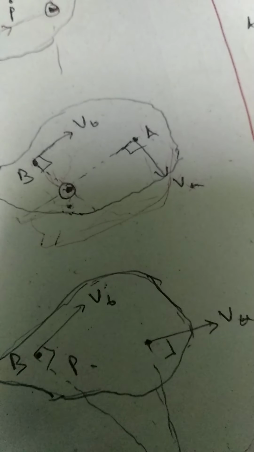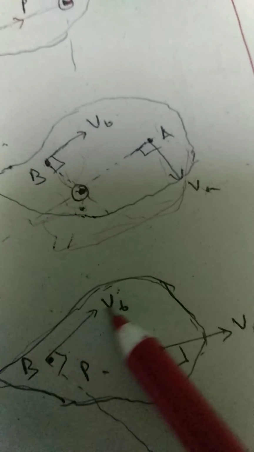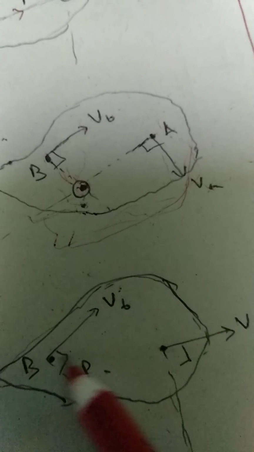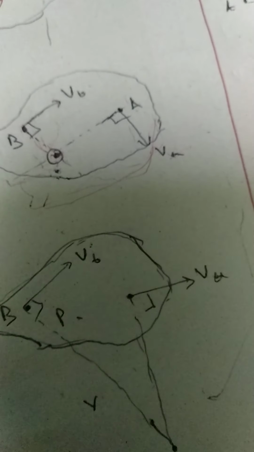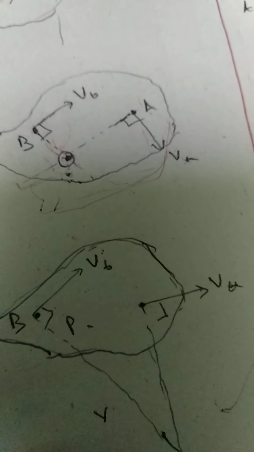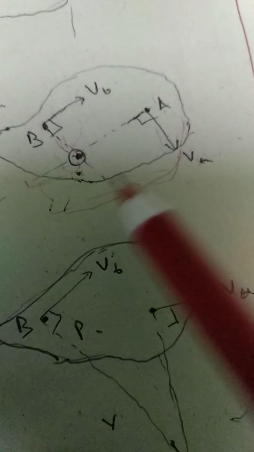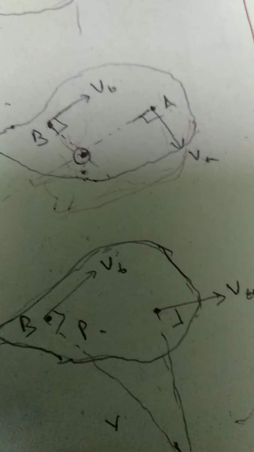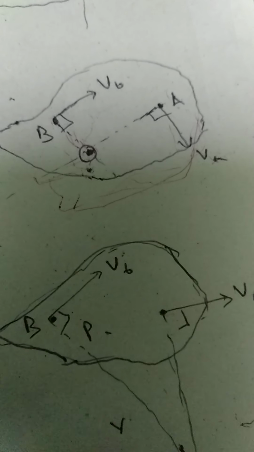Suppose this is VA, and the point B moves along this direction, VB. Now when we draw the perpendiculars, we see that they meet at a point I, which is outside the body. So the position of these instantaneous centers always changes at every instant.